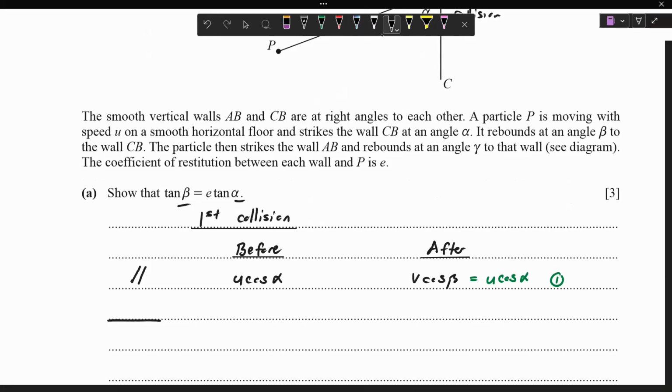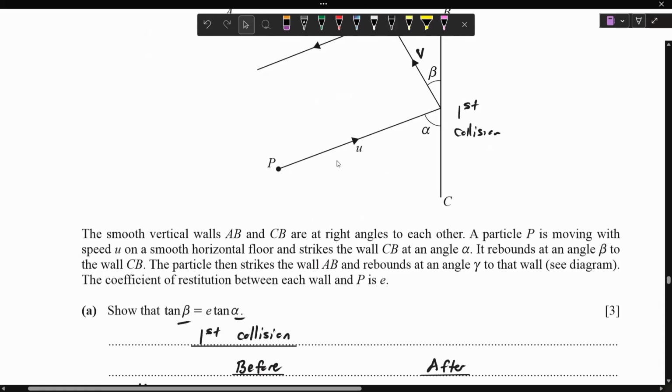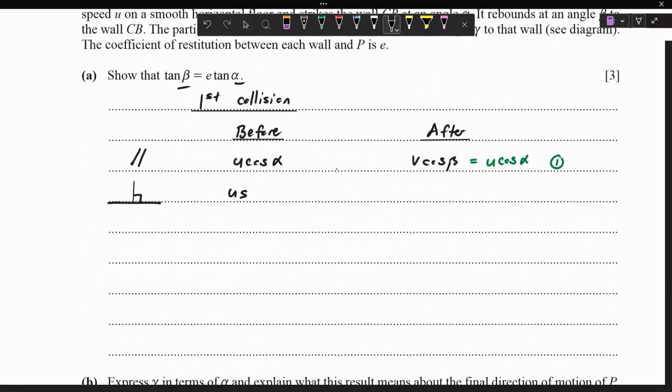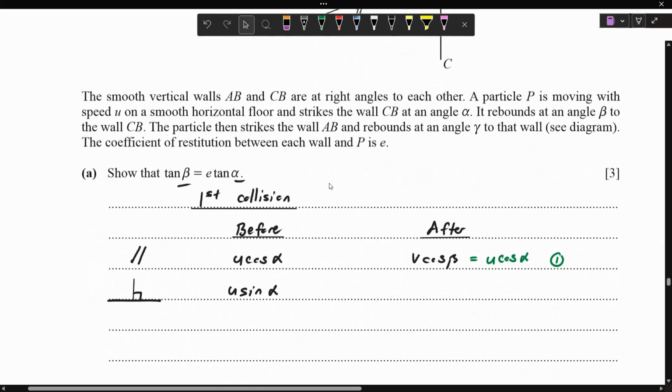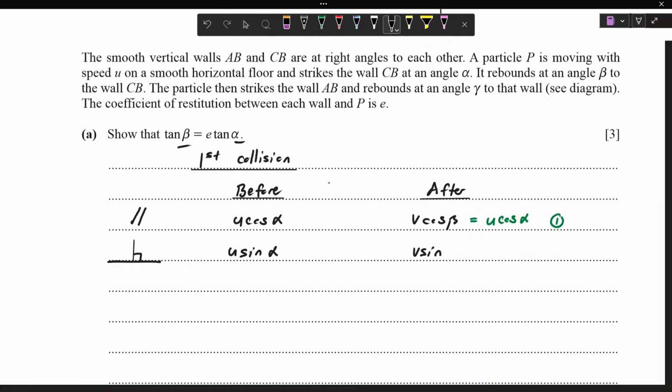Next, we look at the perpendicular components. Okay, for u, that's u sine alpha. And for v, that's v sine beta. But for v sine beta, we can apply Newton's law of restitution to say it is equal to E of u sine alpha, and we call that equation 2.